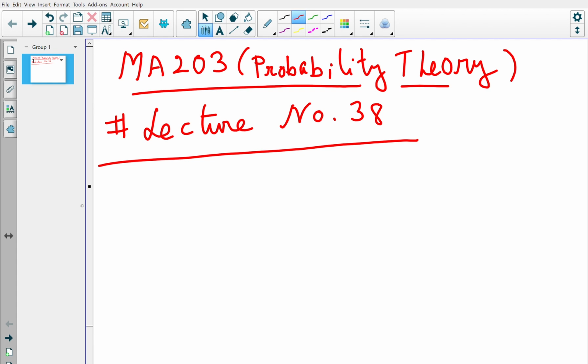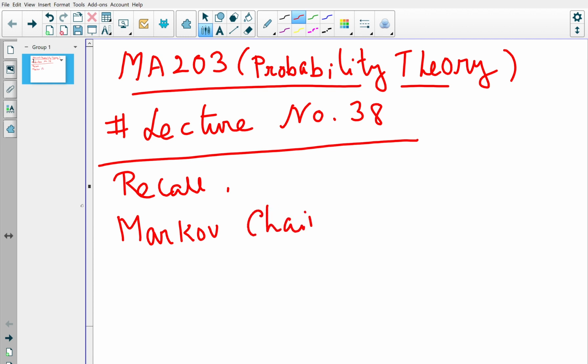So recall that we are discussing Markov chains. In this discussion we define the transition probabilities by Pij. What is that?